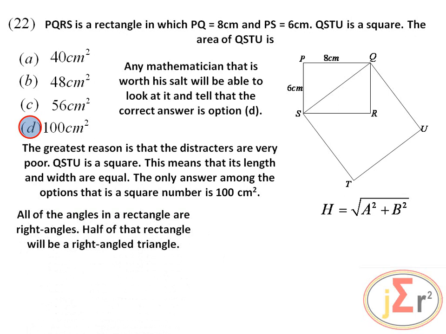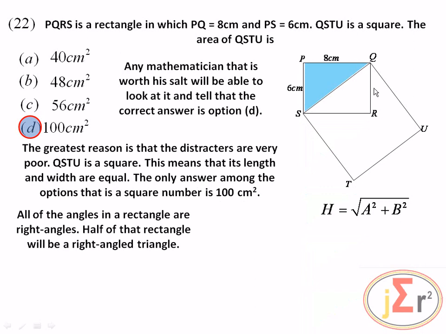All of the angles in a rectangle are right angles. Half of that rectangle will be a right angled triangle. So we are attempting to use another method in finding the area of QSTU.